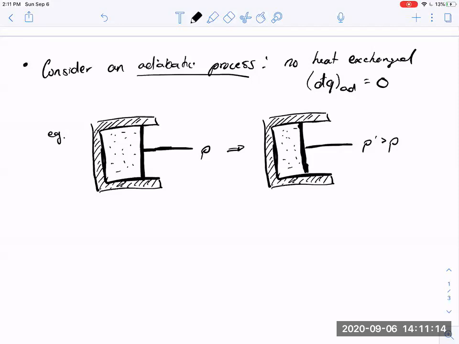If the gas is not able to transfer energy through the walls of the container, no heat flows. So this is a kind of canonical macroscopic example of an adiabatic process, at least one that can be done in principle.